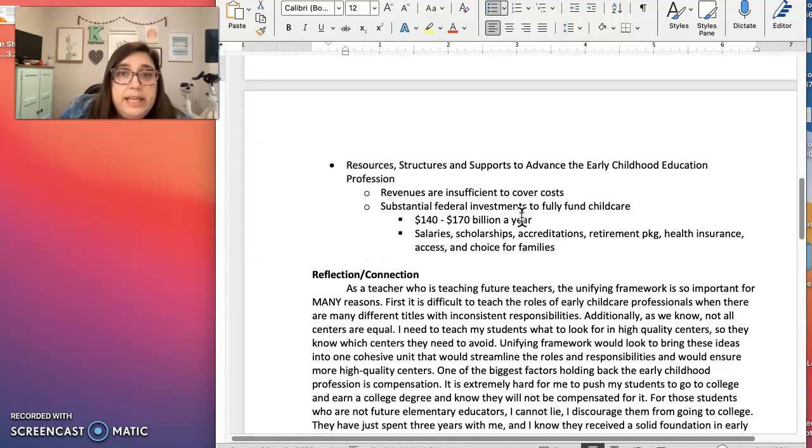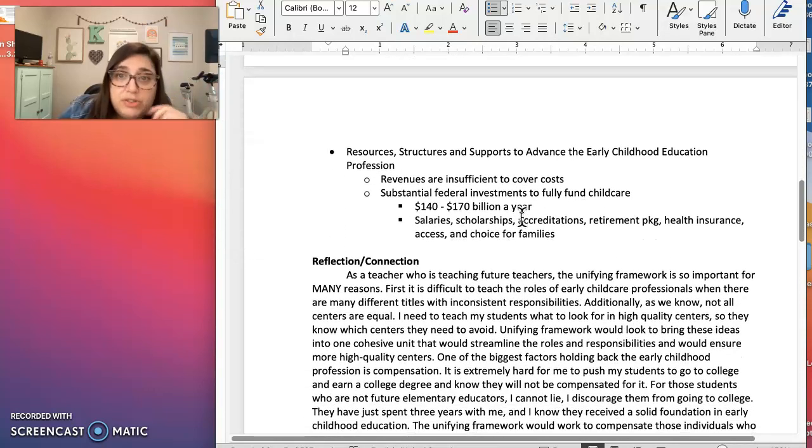And then finally, the resources, structures, and supports to advance the early childhood profession. The revenues from childcare centers are not sufficient to cover the costs of compensation, of benefits, of helping to pay tuition or give scholarships.